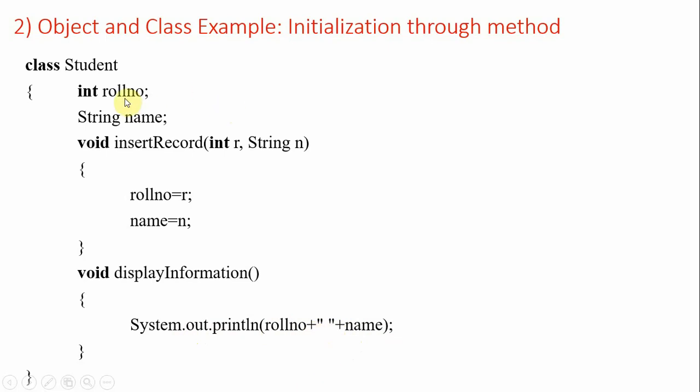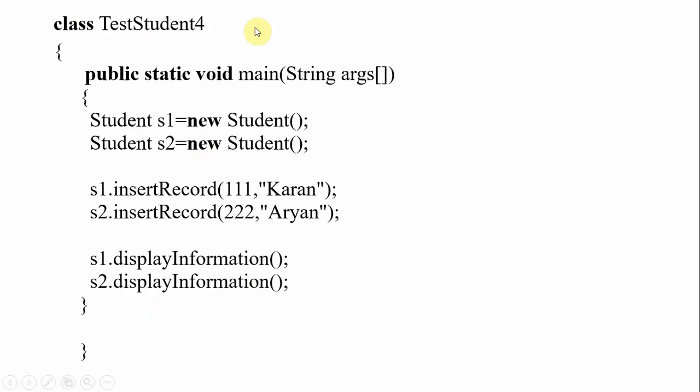So that is about a class Student, instance variables, two methods, insertRecord with the parameters, and display information, which consists of printing statements. So continuation, the program does not end here. We can create a class TestStudent4, and in that we have a main method. We created two objects.